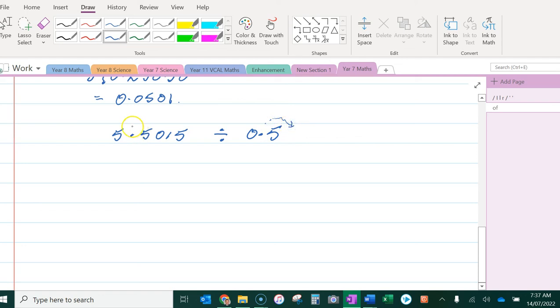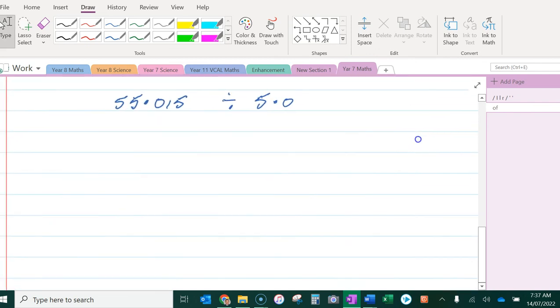If I do it here, I've got to do the same here. So I end up with this, divided by 5, and the decimal point here has come across, so this becomes 5. And I've moved the decimal point here, 55.015. That maintains the balance of the sum.